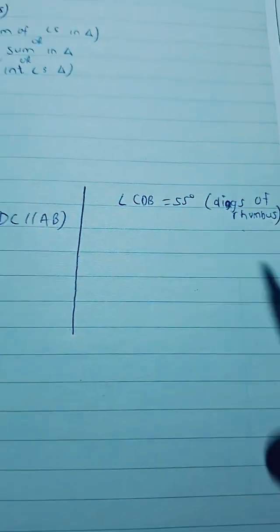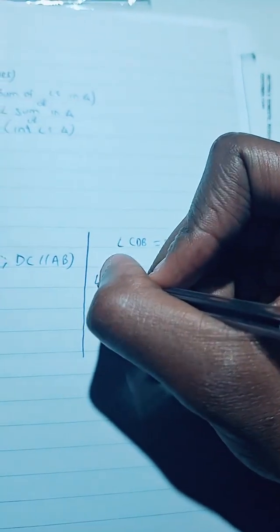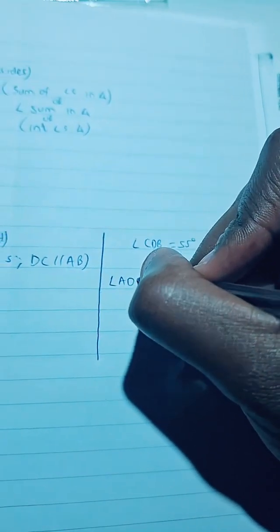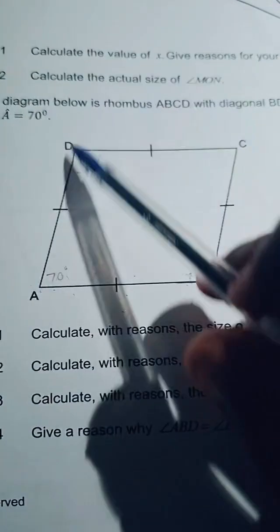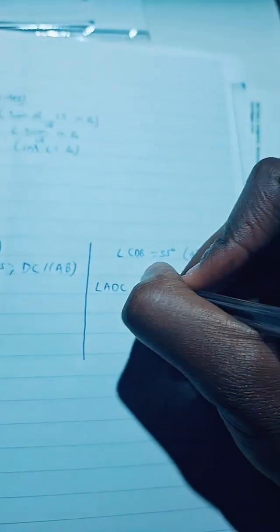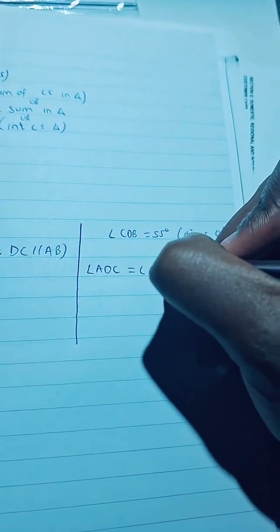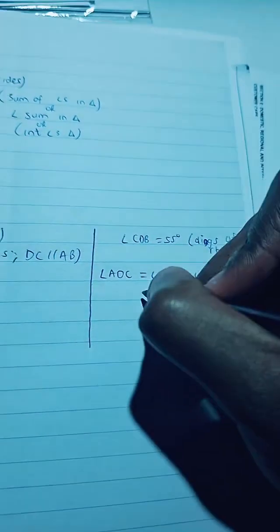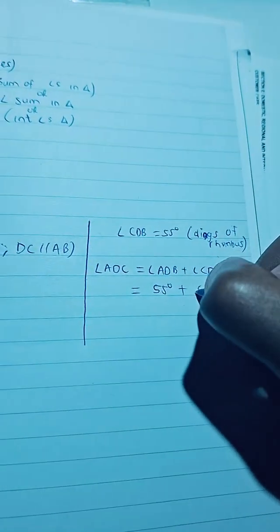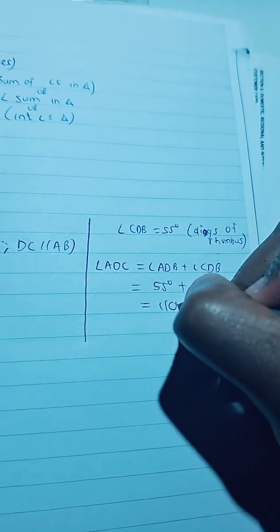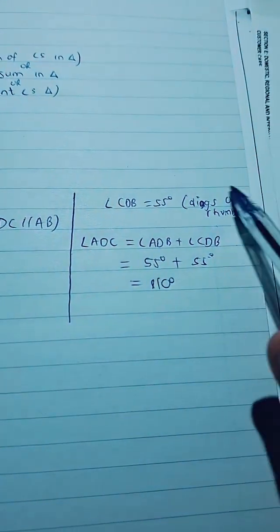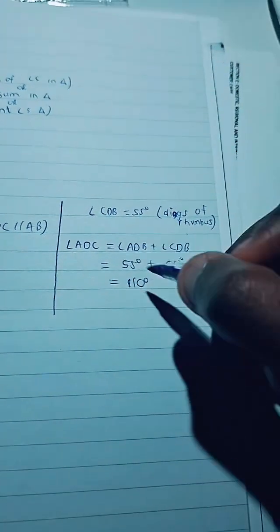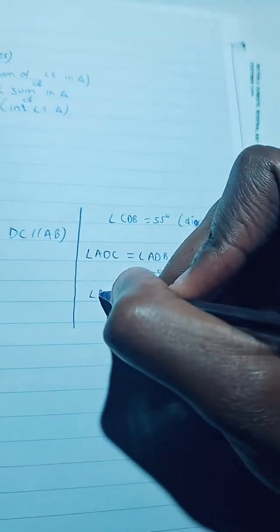Okay, then after that, that person would then move on and say angle ADC, the entire angle, is equal to angle ADB plus angle CDB. And then what they would do is add the two angles together and then get 110 degrees. That's someone else's approach of getting to the answer. Same answer, different approach, but at the end of the day, 100% correct.